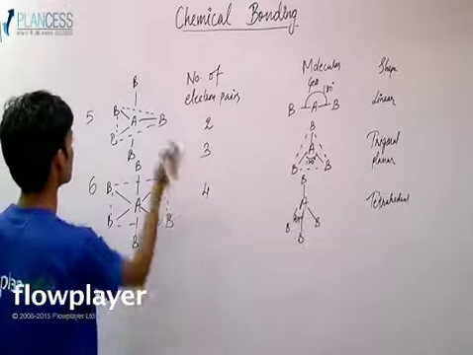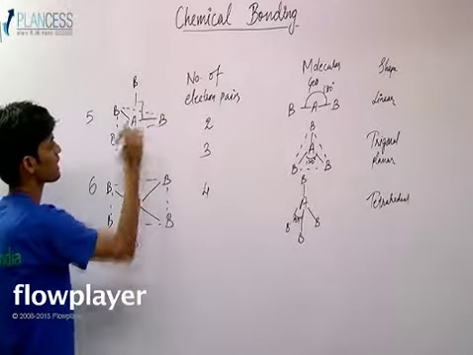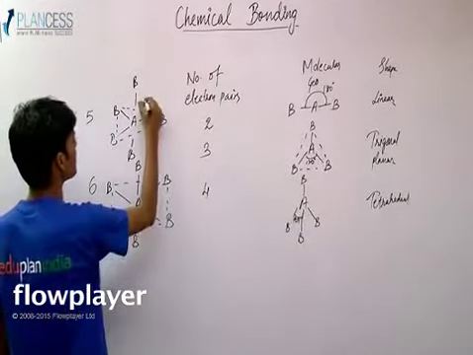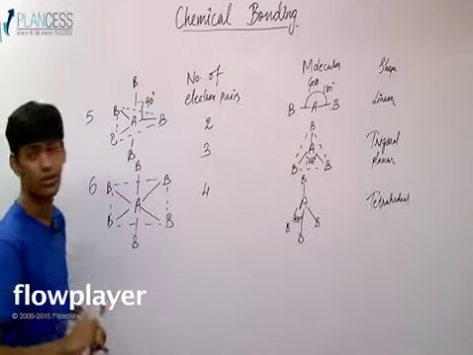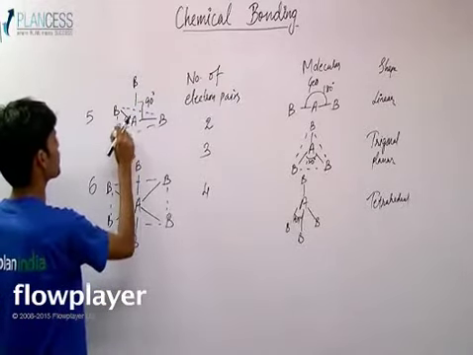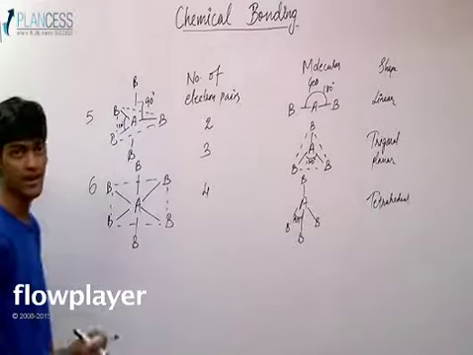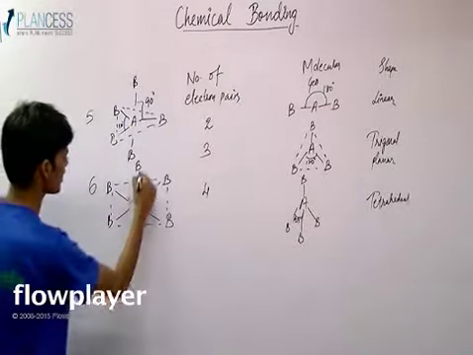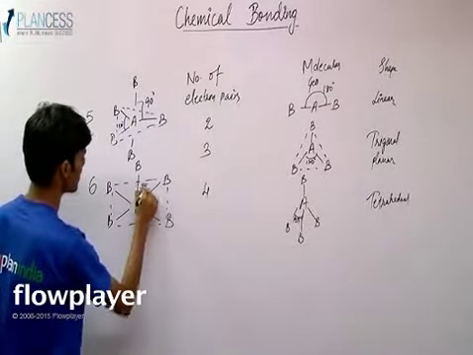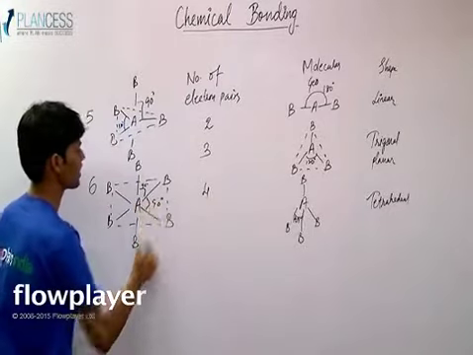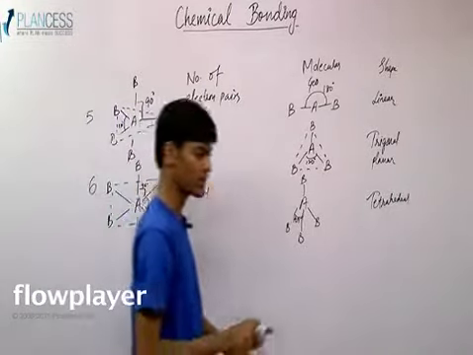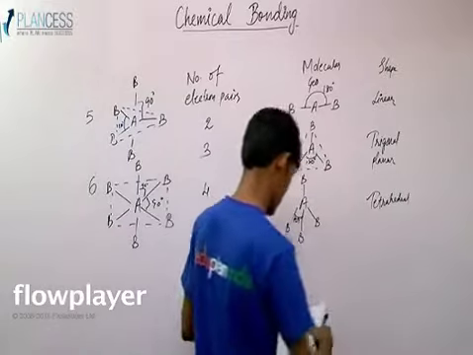In here also this angle which we are considering would be the 90-degree angle, and this angle would be equal to 120-degree angle. In all of this, this angle is also 90 and this angle is also 90 degree. It is an octahedral geometry and the shape would be octahedral also.